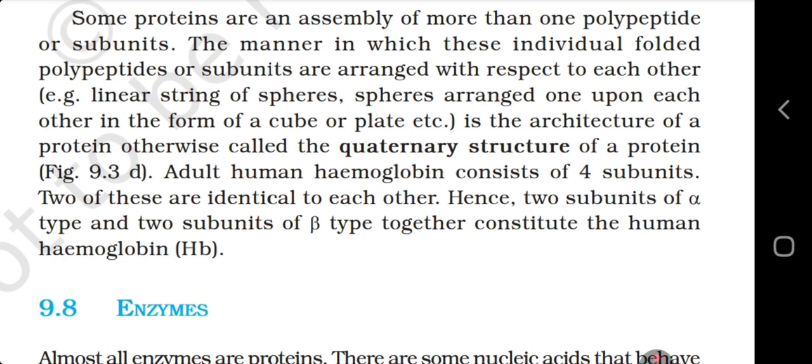Adult human hemoglobin consists of 4 subunits. Two of these are identical to each other, hence 2 subunits of alpha type and 2 subunits of beta type together constitute the human hemoglobin, that is Hb.